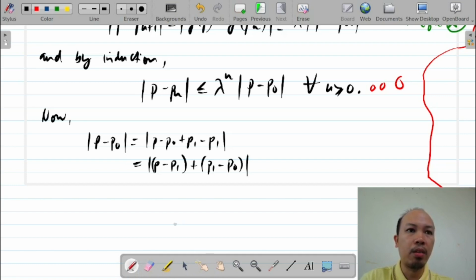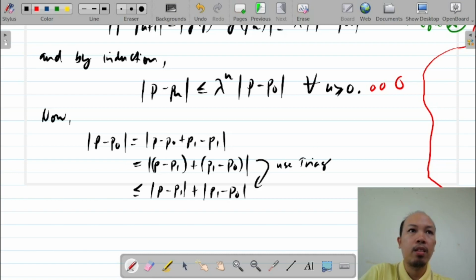Okay, so we group and then use the triangle inequality: |p − p_1 + p_1 − p_0|. From here we use the triangle inequality.